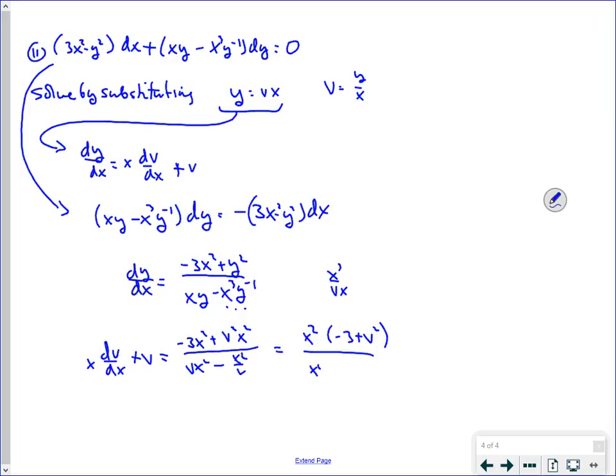Oh, have I lost my negative sign somewhere? To make sure, 3x squared. No, I didn't mess up a negative sign. X squared times minus 3 plus v squared, or v squared minus 3, over x squared times v minus 1 over v. So the x squareds will cancel.